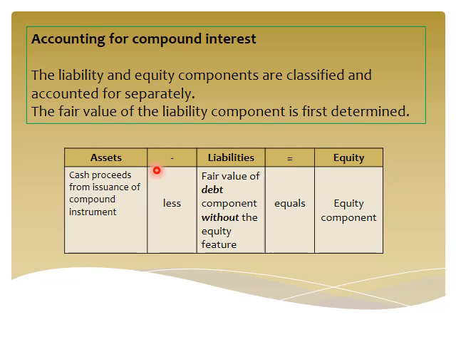So, using the accounting equation, first determine, from the cash we received, how much is for the liability. So, less the fair value of that component without the equity feature equals the equity component. So, the residual, what is left, is allocated to the equity component.